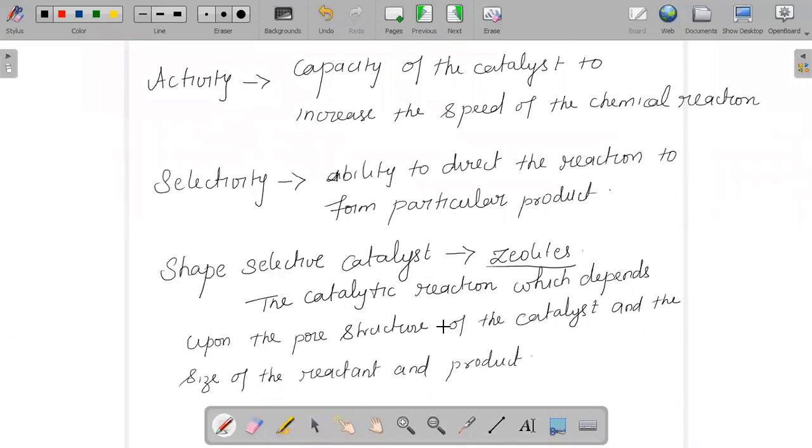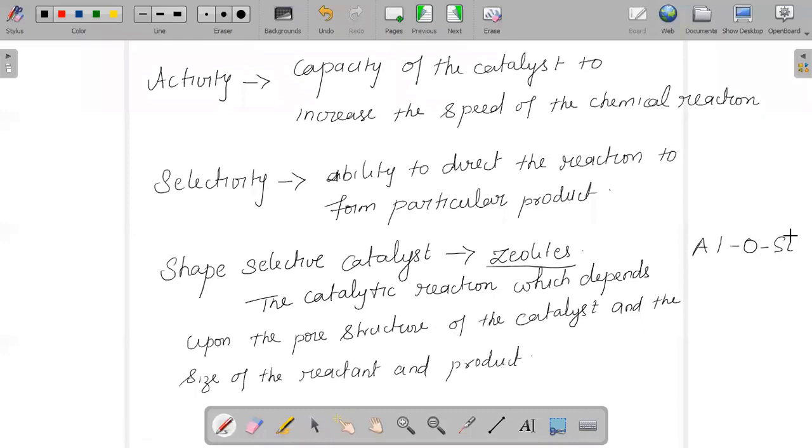They have a honeycomb-like structure, and they are basically a three-dimensional network of silicates where some silicon atoms are replaced by aluminium atoms, forming a network of aluminium, oxygen and silicates.